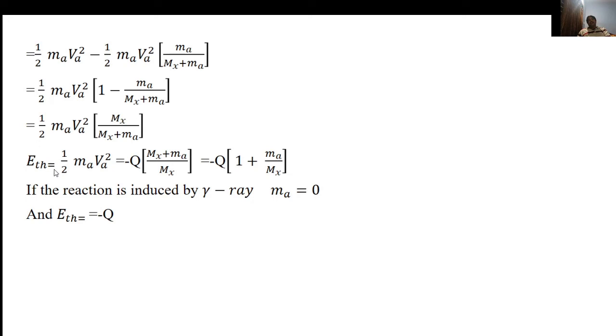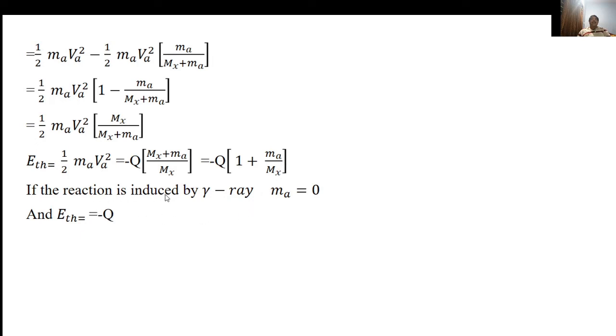Then E threshold is nothing but the minimum kinetic energy, and it is given by 1/2 ma Va², that is equal to minus Q into (mx plus ma) by mx, or minus Q into (1 plus ma by mx).